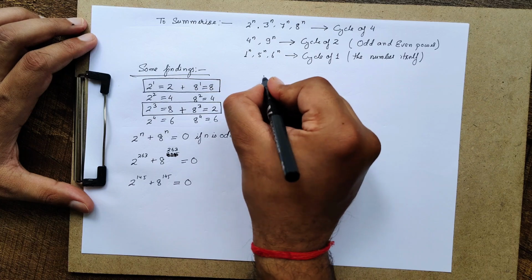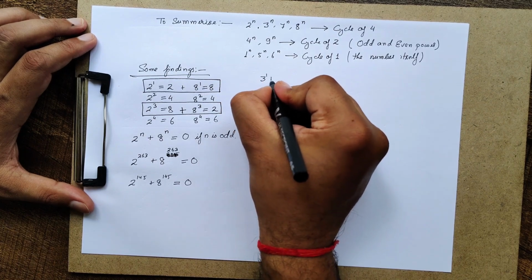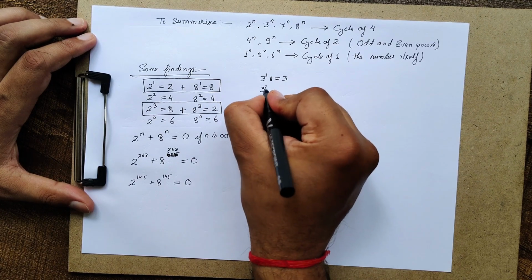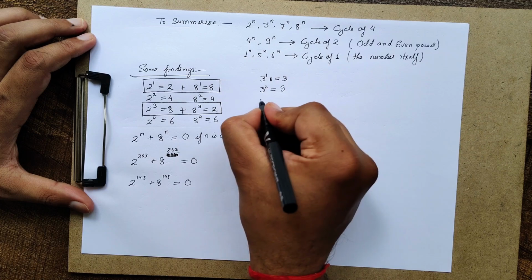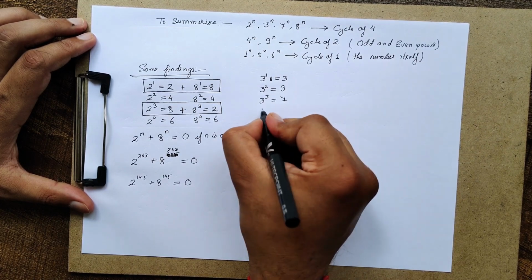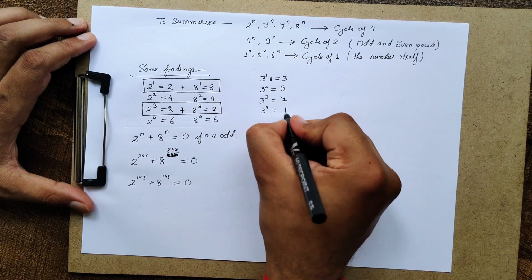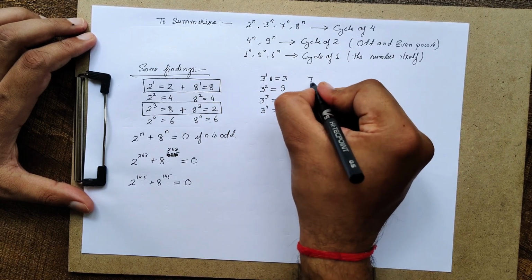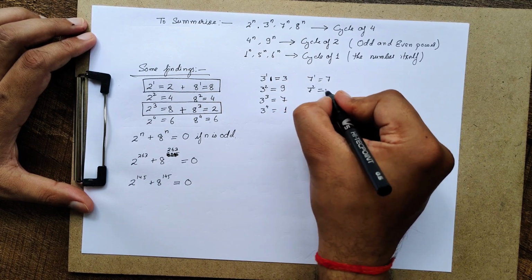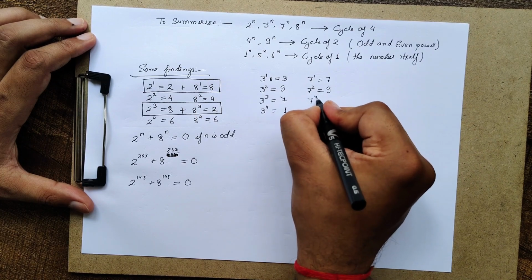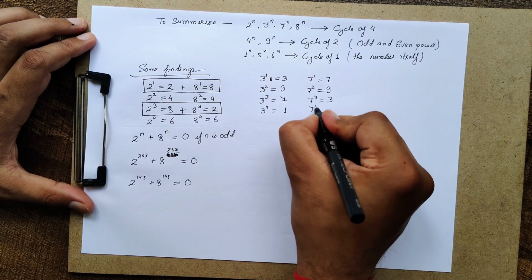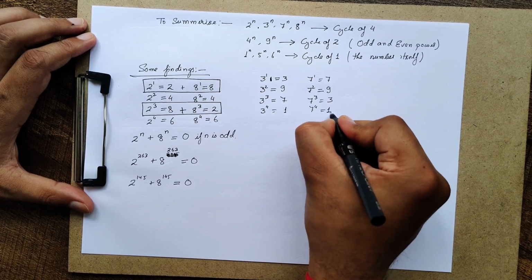Similarly, we can see 3 to power 1 equals 3, 3 square is 9, 3 to power 3 we get 7 at unit place, 3 to power 4 we get 1 at unit place. Similarly, 7 to power 1 is 7, 7 to power 2 is 9, 7 to power 3 is 9 times 7, which is 63, so 3, 7 to power 4 is 7 into 3, so units place 1.